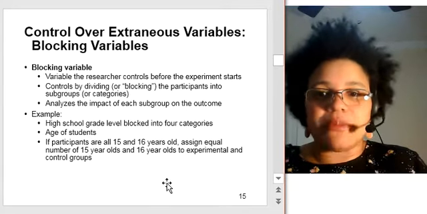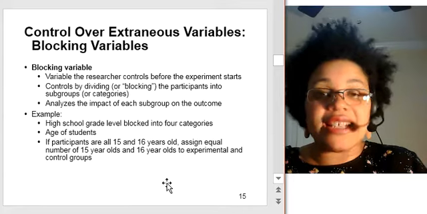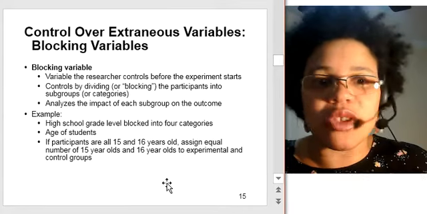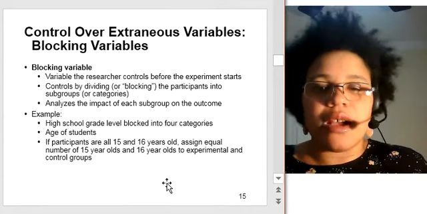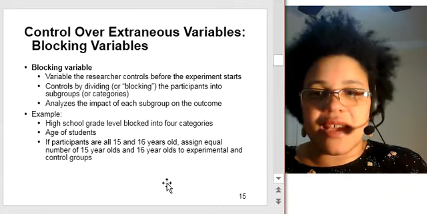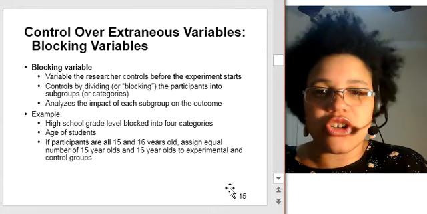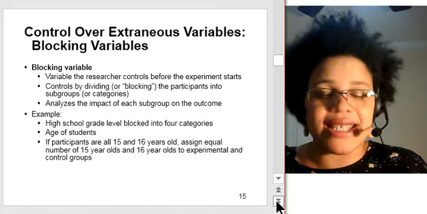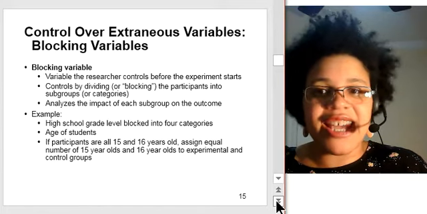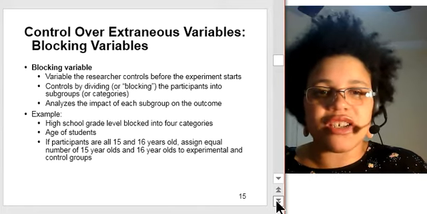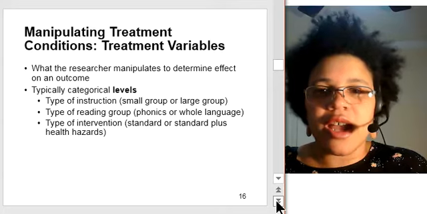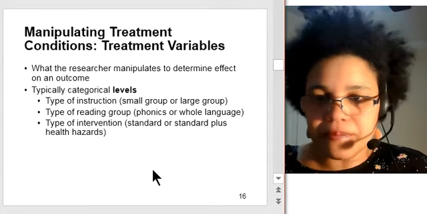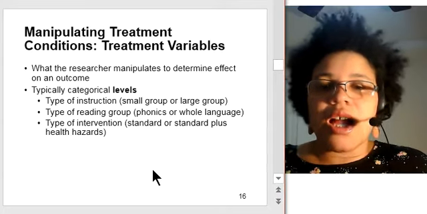Age, and here you might want to assign equal numbers to different groups. That kind of thing. Blocking is a term for how you can accomplish that, and that's used a lot in psychology experiments. Not so much in education, for reasons that I'll get into in a little while.